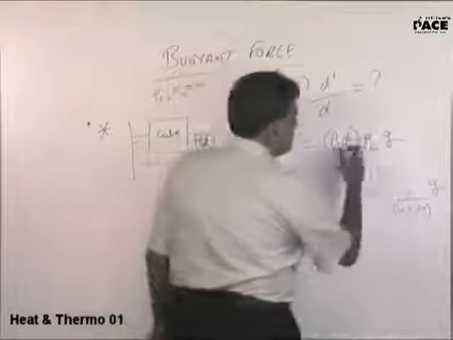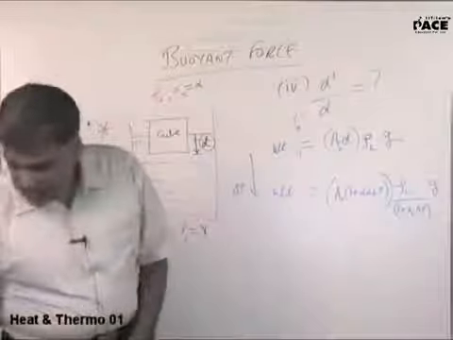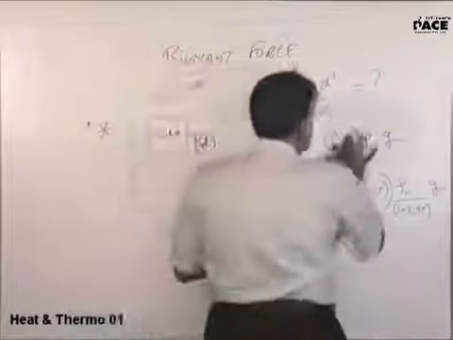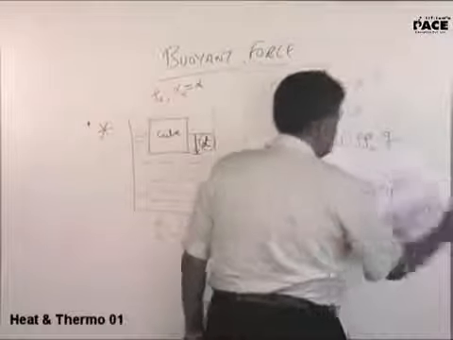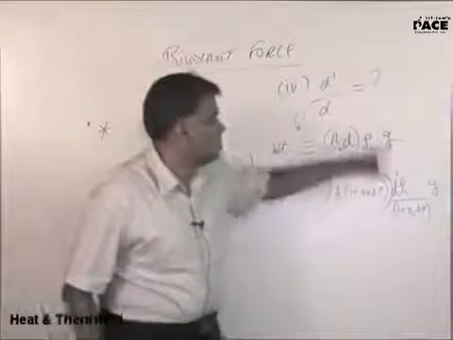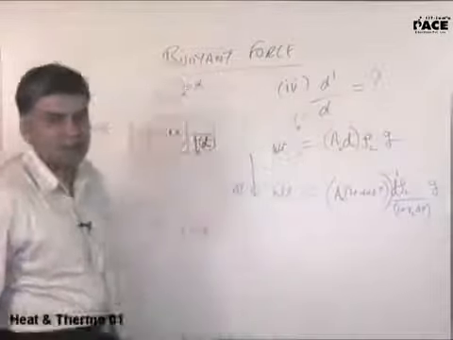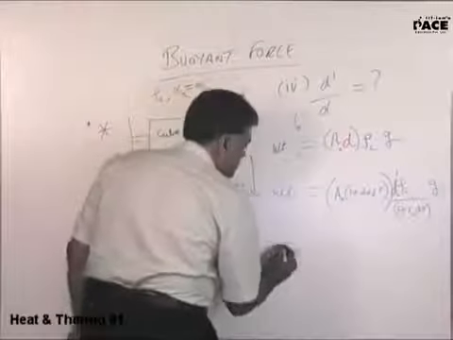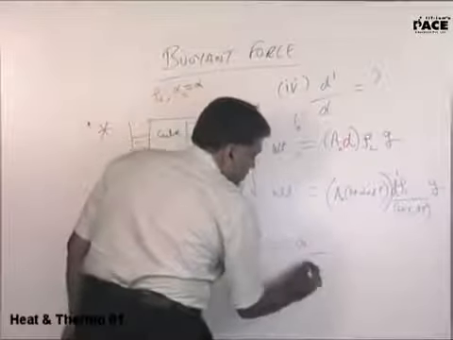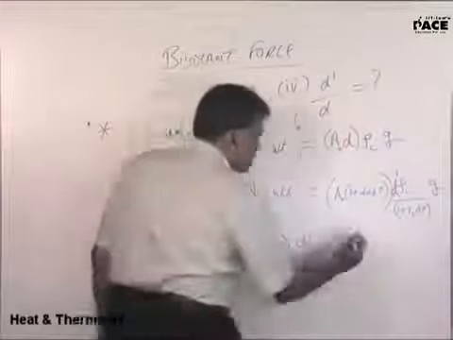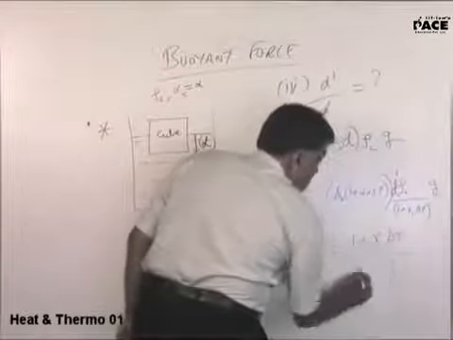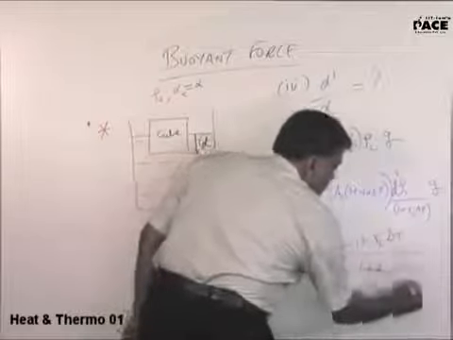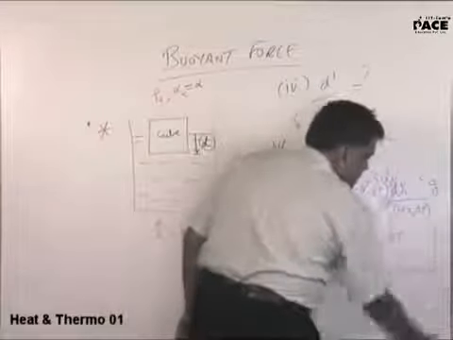Also I missed out the D dash. I'll put it here. This is D and this is D dash. Both these are equal. Just equate them and get your answer. So you get D dash by D equals 1 plus gamma L delta T by 1 plus 2 alpha delta T. That's the answer.